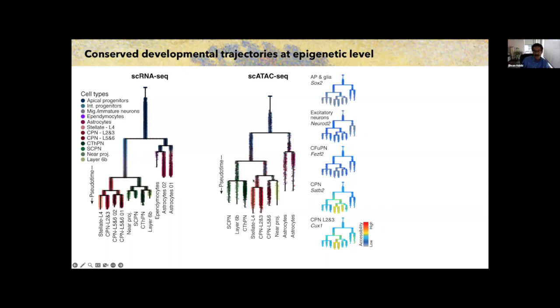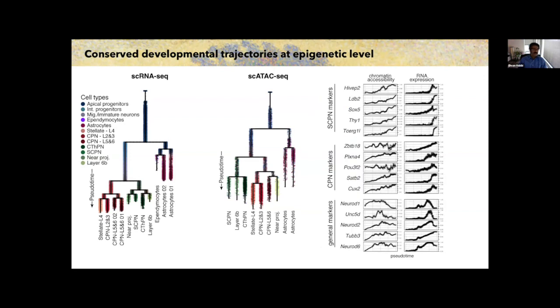One interesting thing that we captured was that these putative near-projecting neurons were the only population assigned to different branches in RNA-seq versus the ATAC-seq data, which means that these neurons may be more related to corticofugal and deep layer CPNs.